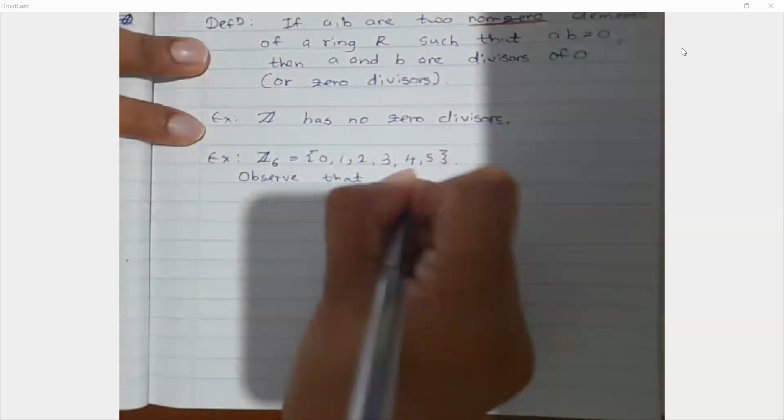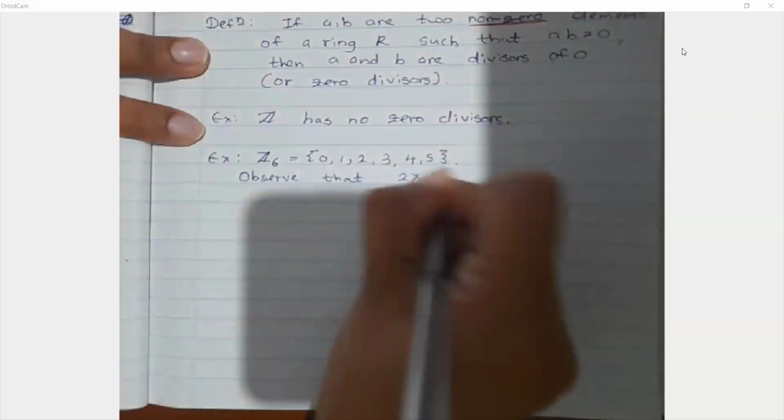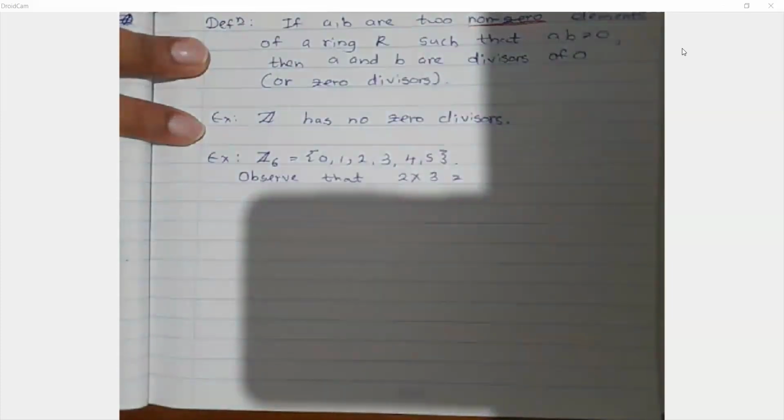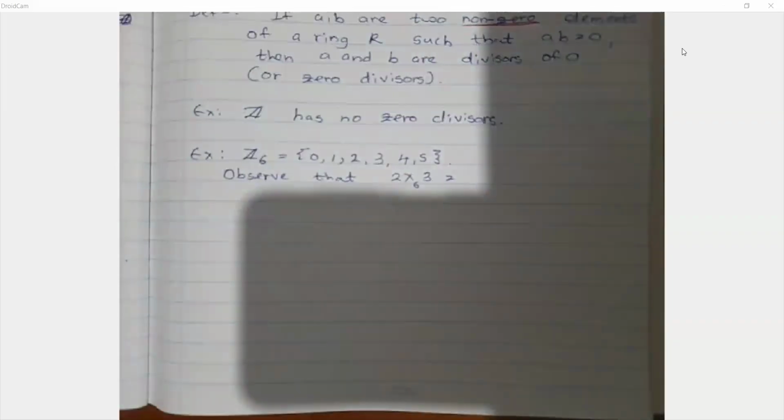When you multiply 2 and 3, how do we define multiplication over this ring? It's multiplication modulo 6. You take the product of 2 and 3 in the usual sense, divide it by 6, and take the remainder. 2 times 3 is 6, and the remainder is 0 because it is divisible by 6. So with two non-zero elements, the product gave you a 0.